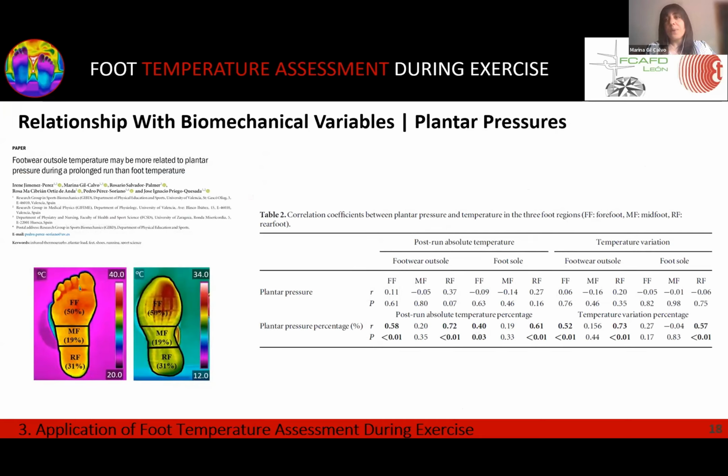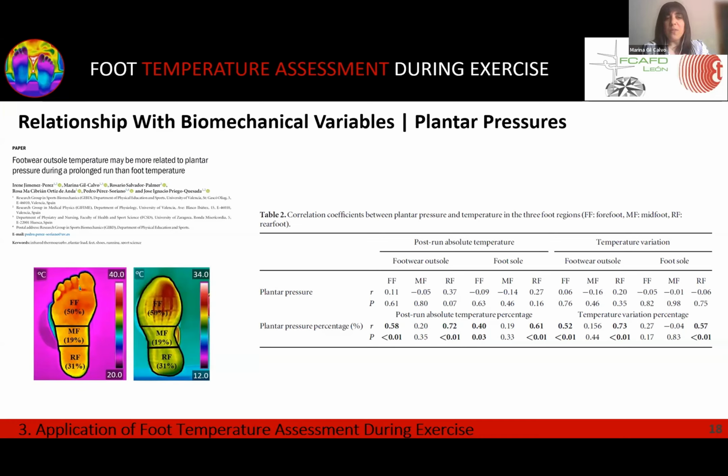Finally, based on previous studies that found some relationship between plantar pressures and skin temperature, we tried to understand if this correlation appeared, because we can think that regions in the foot sole with higher friction could lead to higher temperatures in these regions.